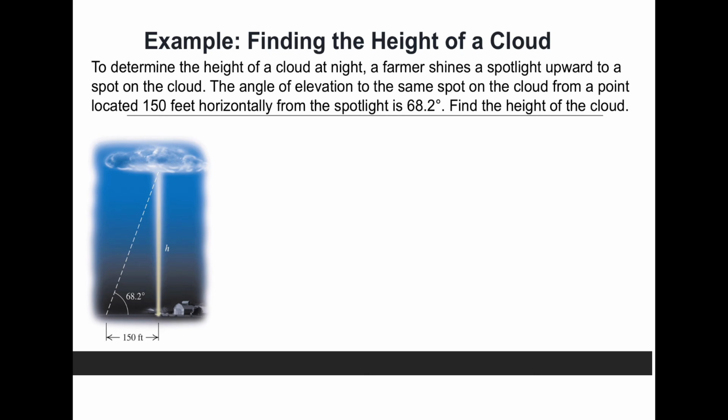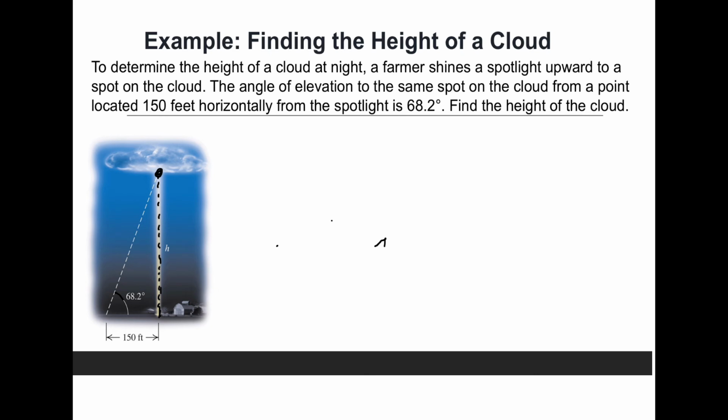So we have this spotlight that's being shown upward, and it's making an angle there. It's pointing toward a spot on the cloud. And then we know what the angle of elevation is to the same spot on the cloud from a point located 150 feet horizontally.